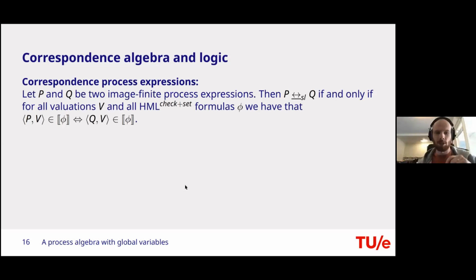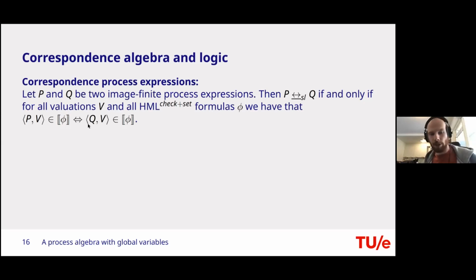So if you have process expressions P and Q, and we require that these two are image finite, again, read the paper if you want to know exactly what we mean by image finite process expressions, then they are stateless bisimilar, so this is the SL in the bisimulation relation, if and only if, for all valuations, they satisfy the same check and set formulas.